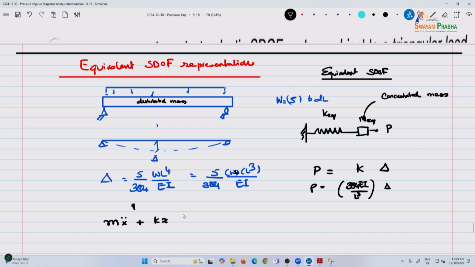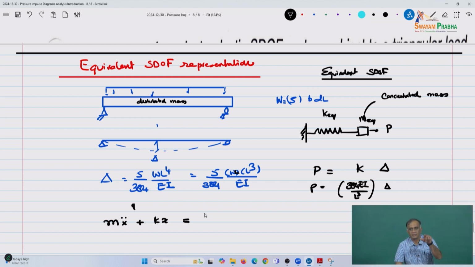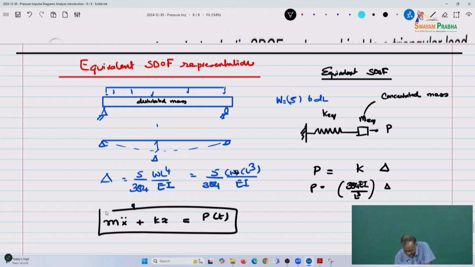Given all of that, you can put this even in terms of your resistance factors. I will be using those equivalent nonlinear elastoplastic systems in an example after we finish this topic. So if this is equal to P of T, this is the standard or the original ODE.